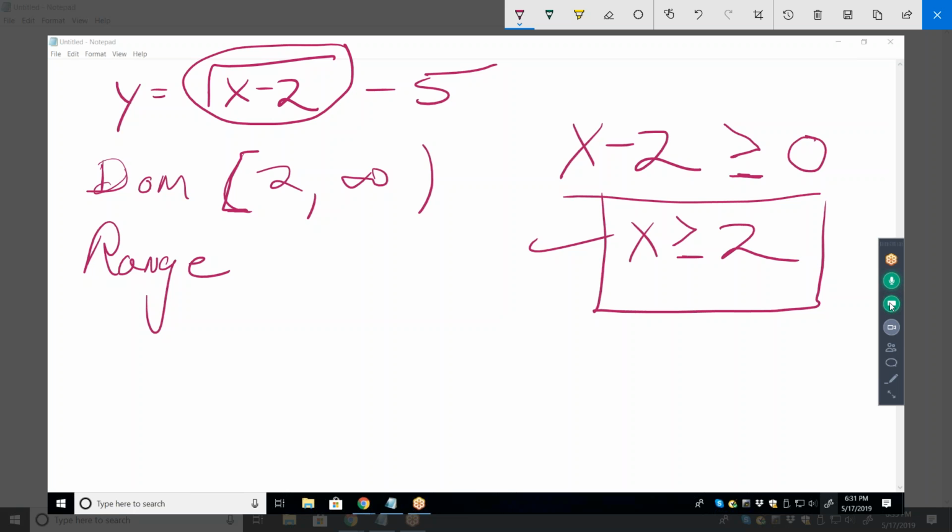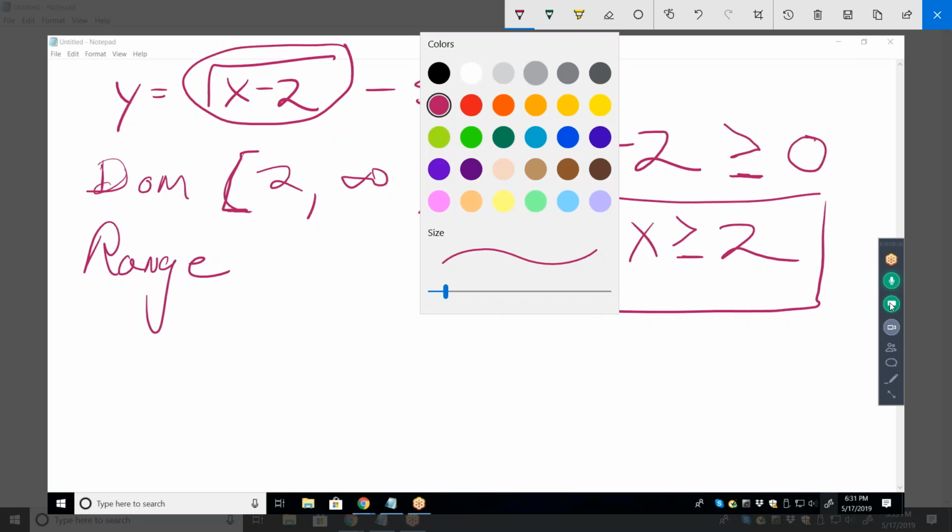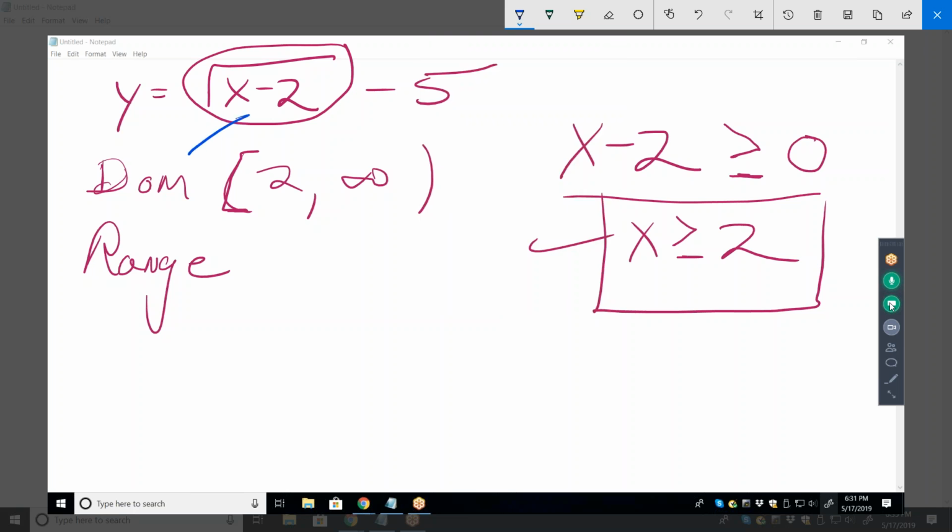What's the lowest value that y can have? Okay, first of all, this, hold on, let me change colors. This can be 0. And I don't mean what's inside the radical sign, I mean the whole thing. In other words, the square root of x minus 2 can be 0.